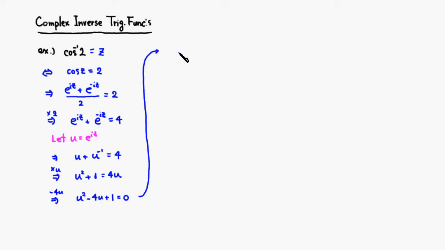U is going to be, in this case, a is 1, b is negative 4, and c is 1. So we have negative b, so it's going to be 4, plus or minus the square root of b squared, so it's 16, minus 4ac, so 4 times 1 times 1, so it's just 4, over 2a, so 2 times 1.